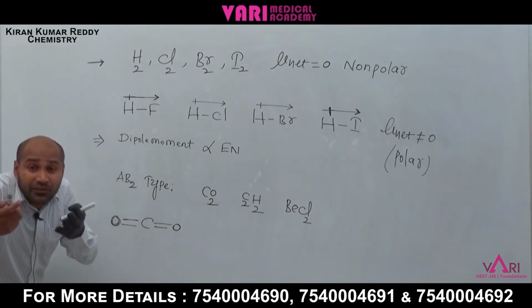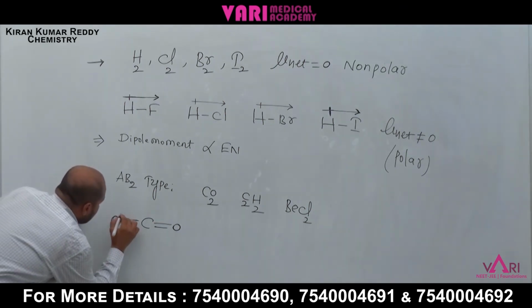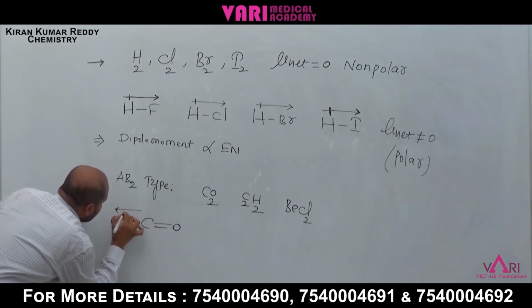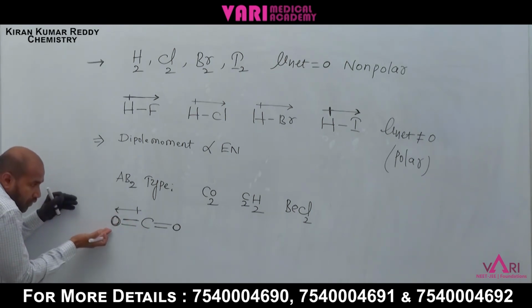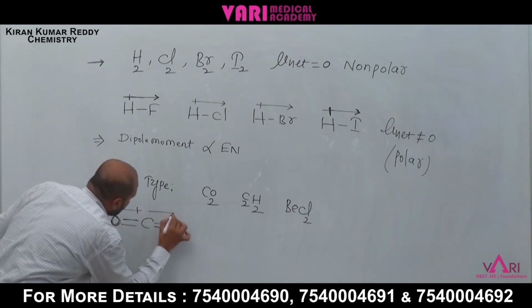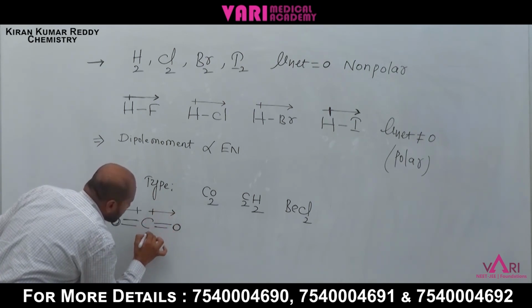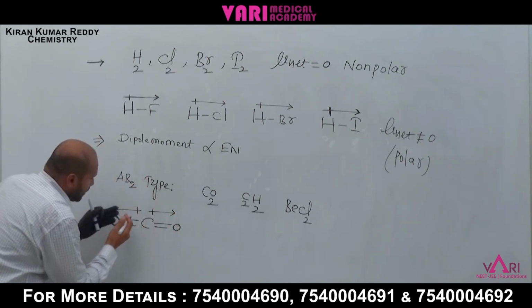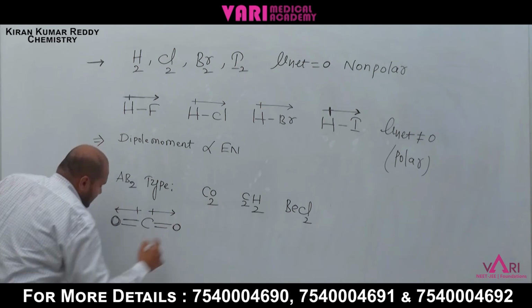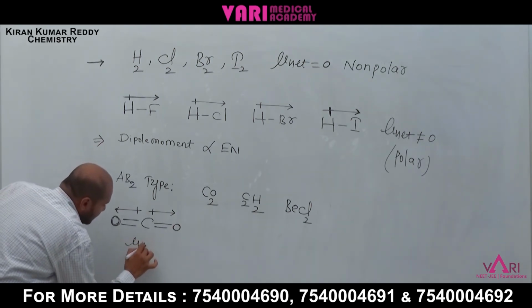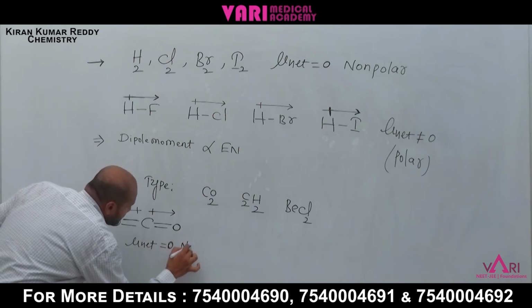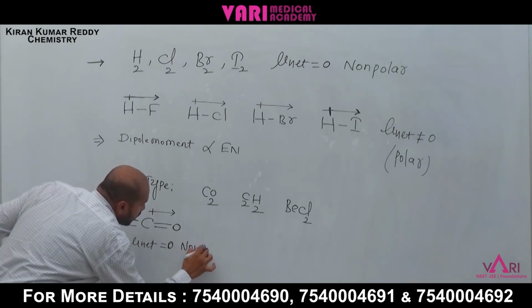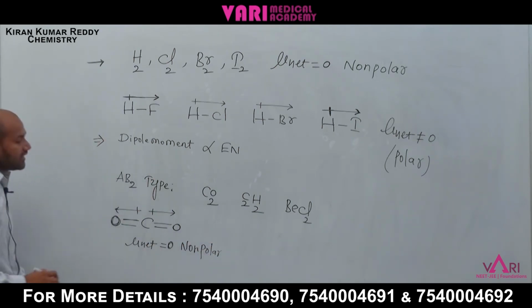Oxygen is more electronegative, so the dipole moment is from carbon to oxygen, less electronegative to more electronegative, on both sides. These are opposite vectors, so they cancel. Mu net is equal to 0. CO2 is non-polar.